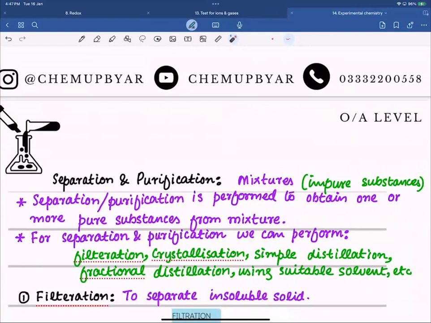It's not necessary that a mixture always has a liquid in it. Sometimes there are two solids as well. For example, if sand is mixed with iron filings, then it is also a mixture. So to make things pure or to separate the components of the mixture, we will use separation and purification techniques.